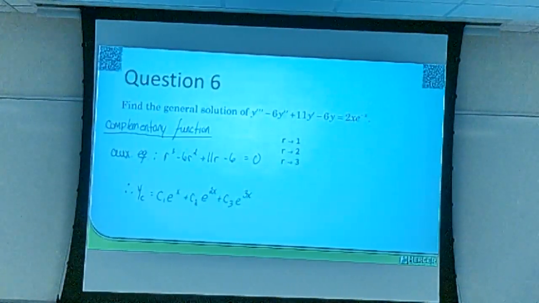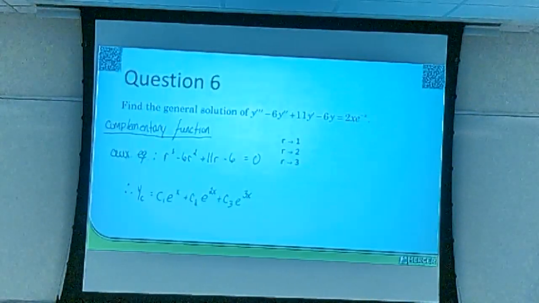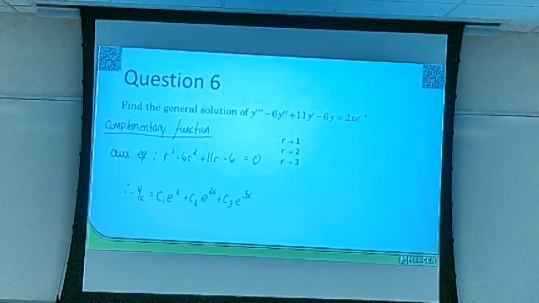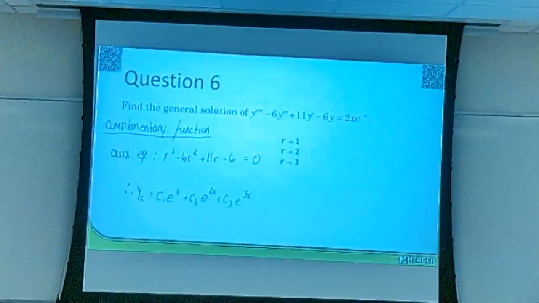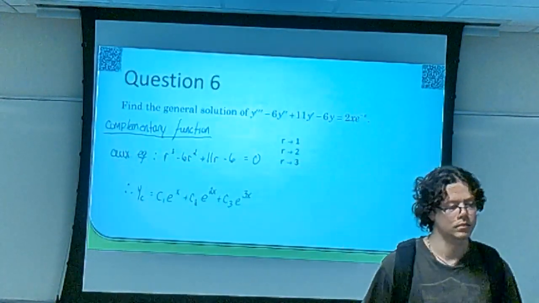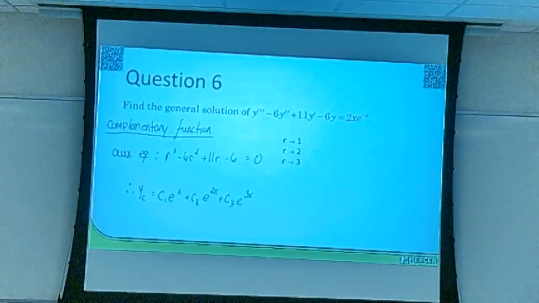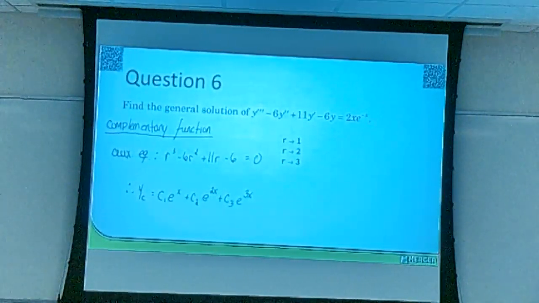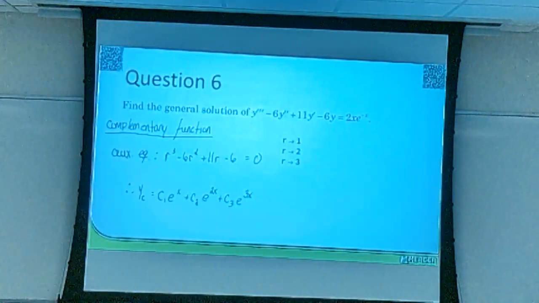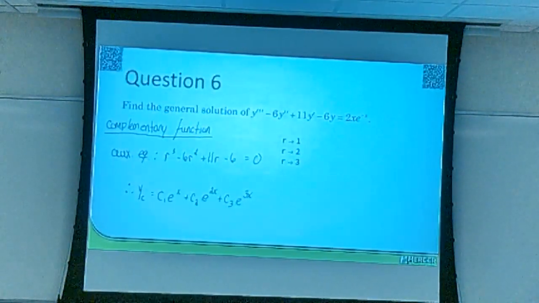Now comes particular. So the expression equals 2x e to the negative x. What's the form? It's an exponential times a linear.